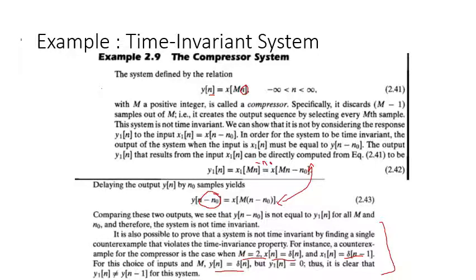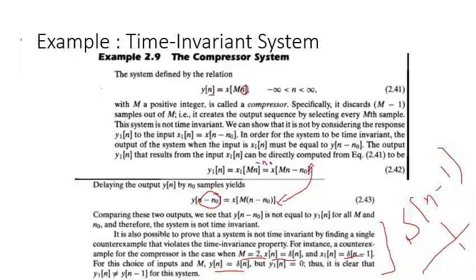But y1 of n is equal to 0. Why? Because if I have m equal to 2, it means that we have a shift at 1, but if I multiply it with 2, we will have 0.